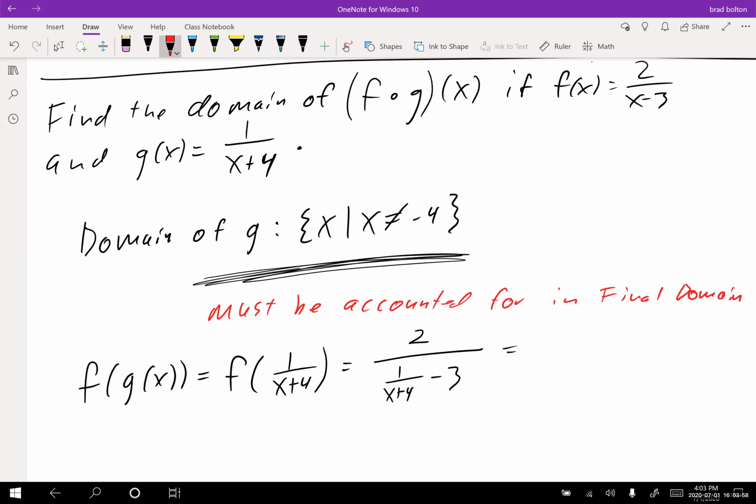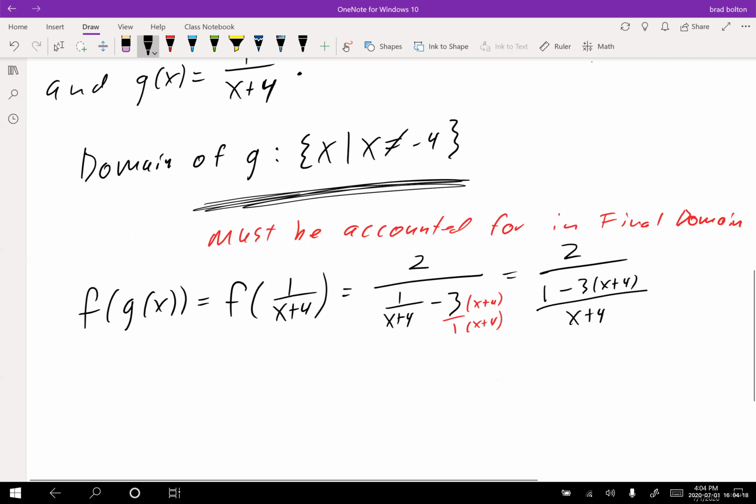So we got to do a little bit of cleanup. So this is 3 over 1. So this needs an x plus 4. This needs an x plus 4. We want to make them the same denominator so we can clean this up a little bit. So this is going to become 2 over 1 minus 3 times x plus 4, all over x plus 4. So notice I made common denominators.